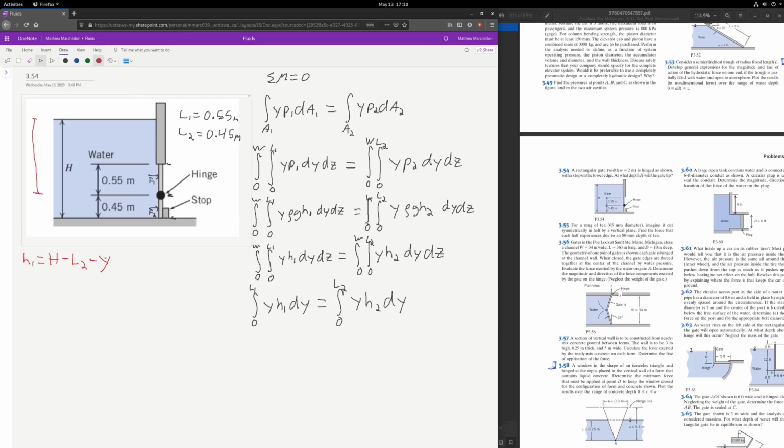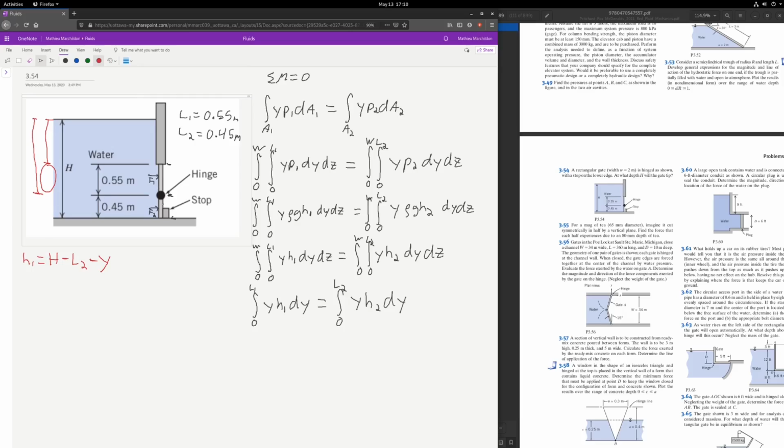Now, if y was equal to the top bound of our integral, L2, our total height would be h minus L2 minus L1, which means we would get this height right here. And so this middle section is what we're evaluating in the integral.